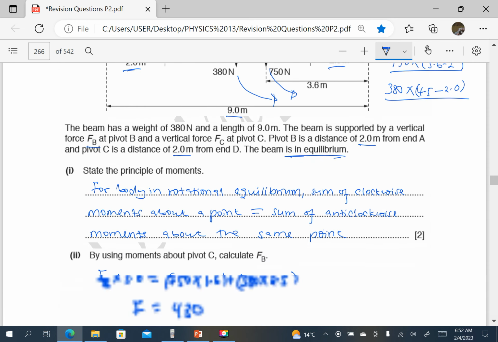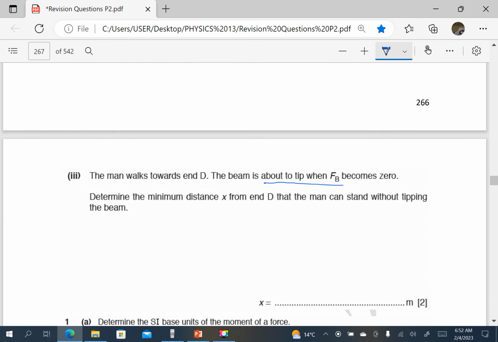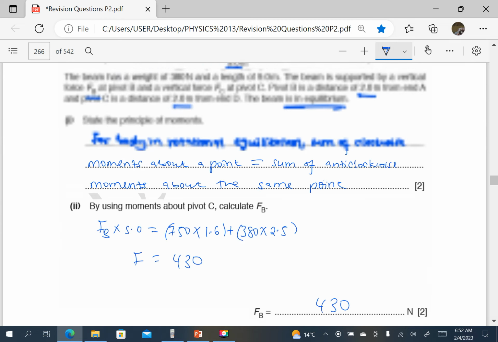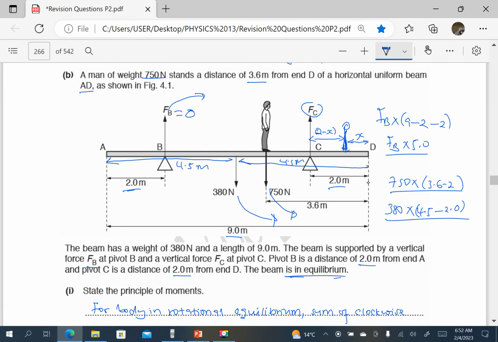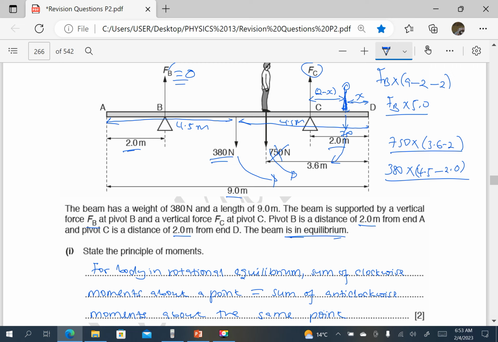So we are again taking moments about C. Since the man has now crossed the pivot C, his 750 is now on the right hand side of position C, and is causing a clockwise moment. We only have 380 newtons causing an anti-clockwise moment, since FB is becoming 0.